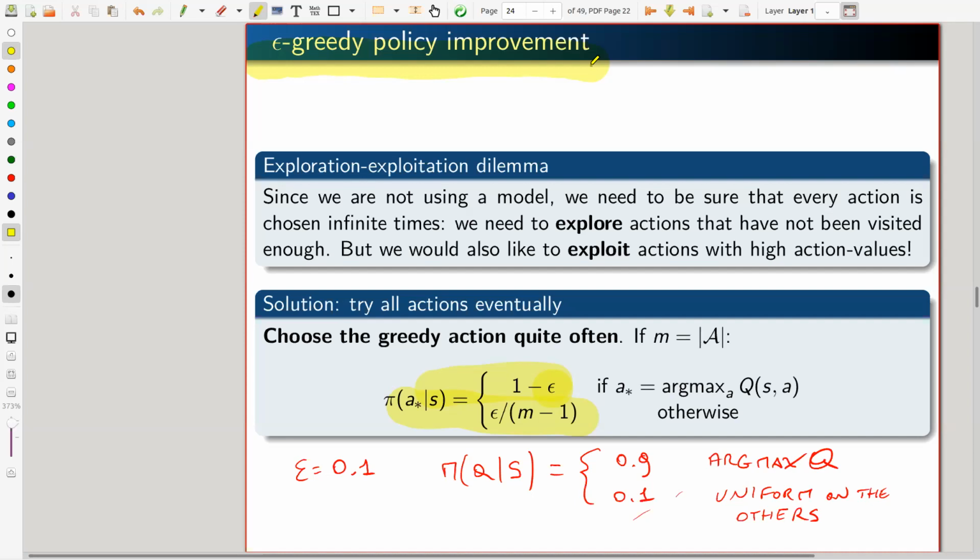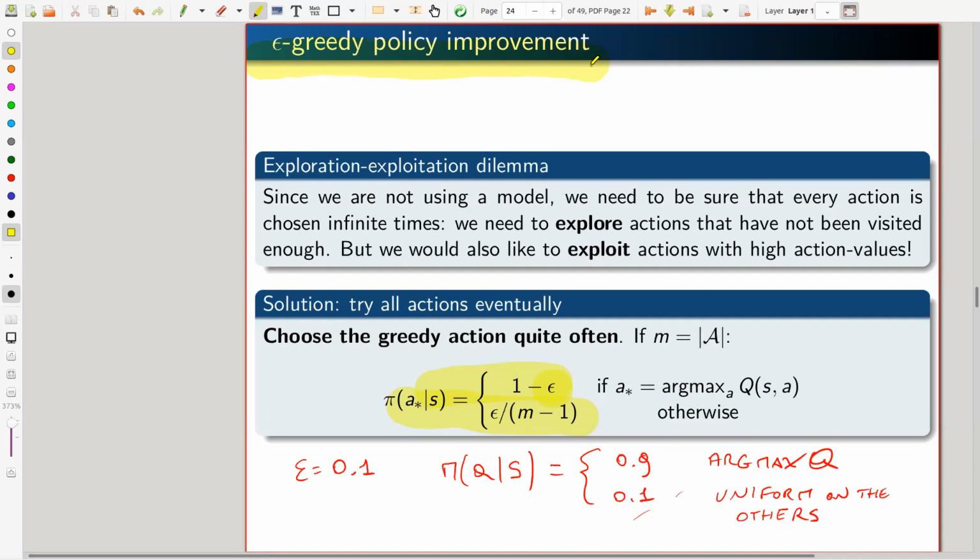So we are always improving and reaching the optimal policy. In the tabular case there are no local minima in some sense, because the policy is always improving and the improvement stops only when we reach the optimal policy. Remember this theorem, right?